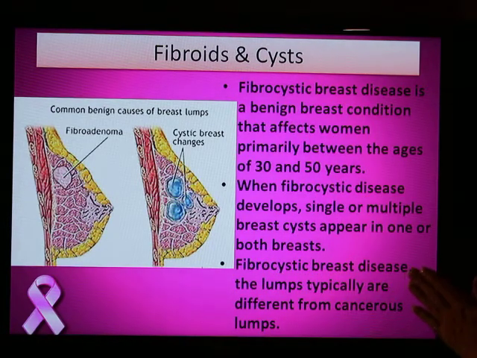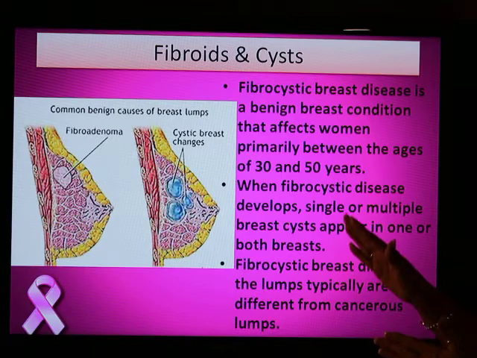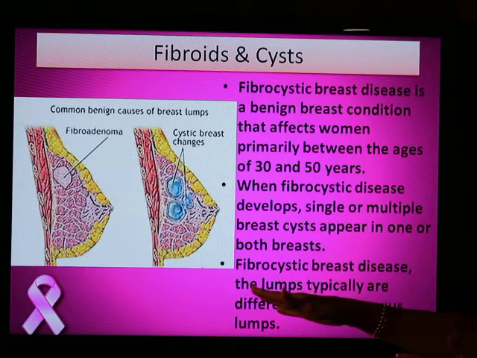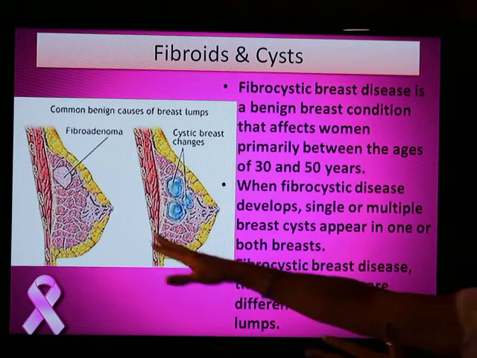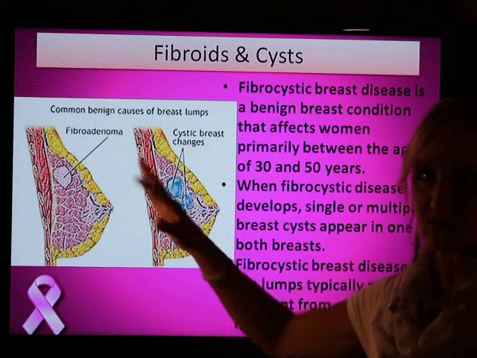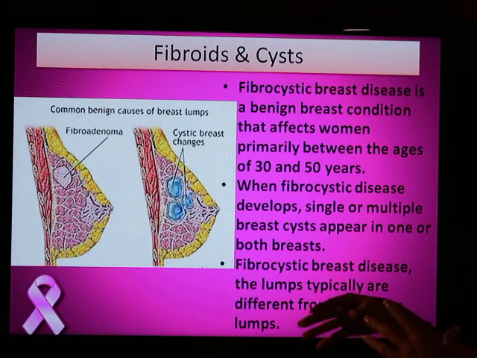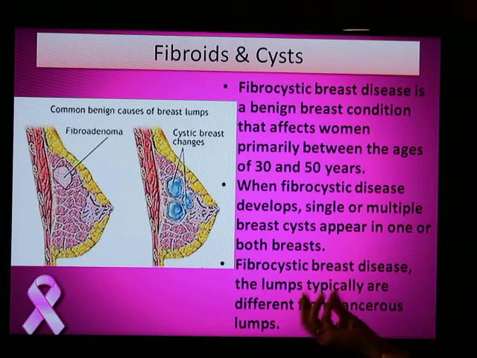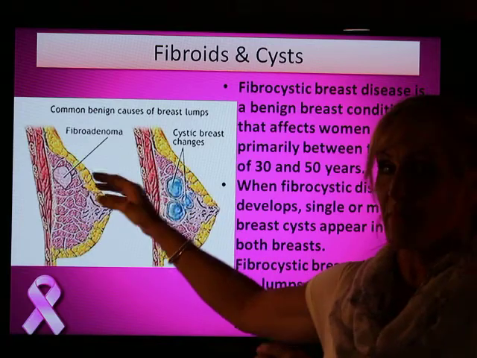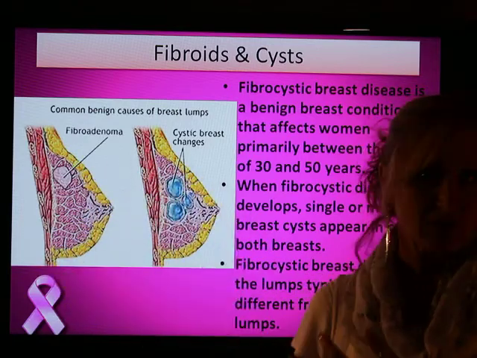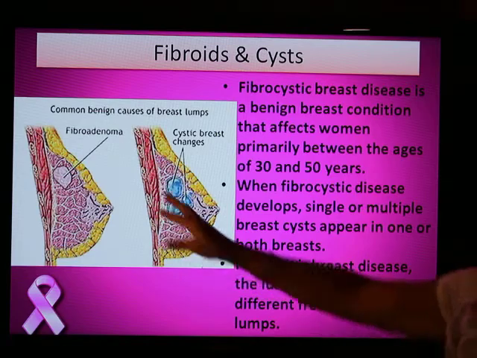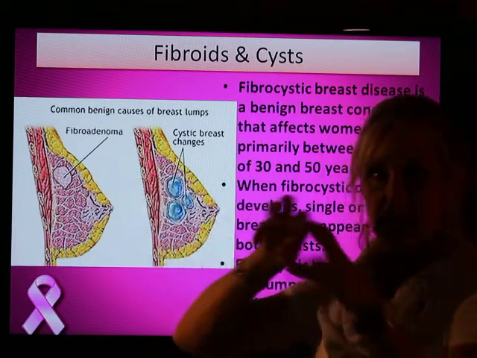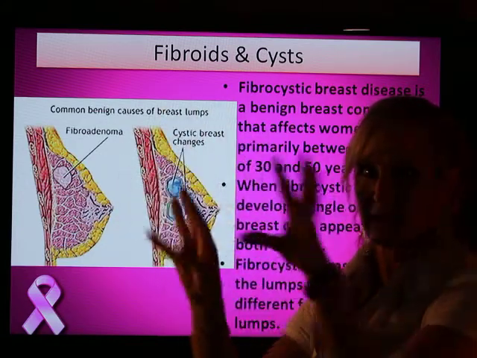So here's the difference. Fibrotic cysts can develop in one breast or two. They are typically more painful. A malignant tumor is not painful. Fibroids can move around; they can grow, get smaller, and move.